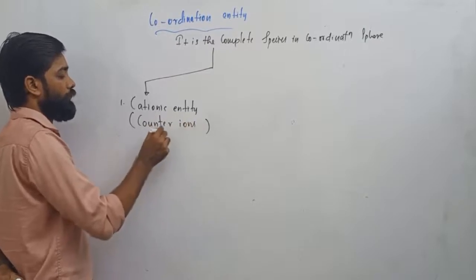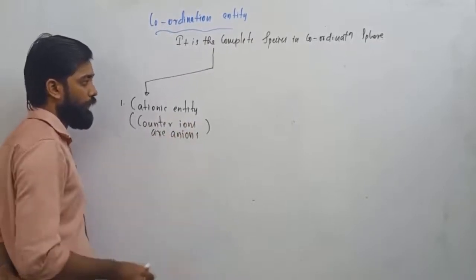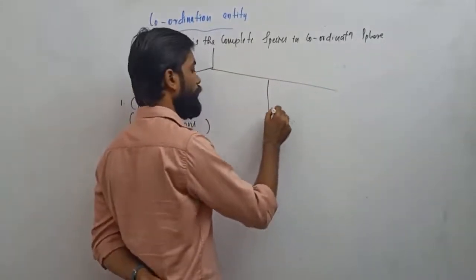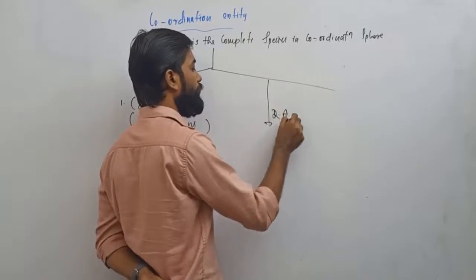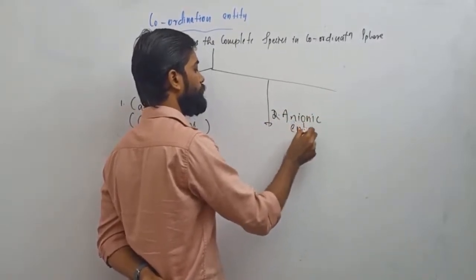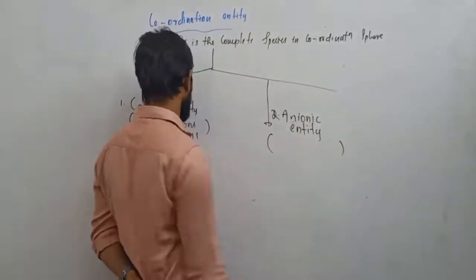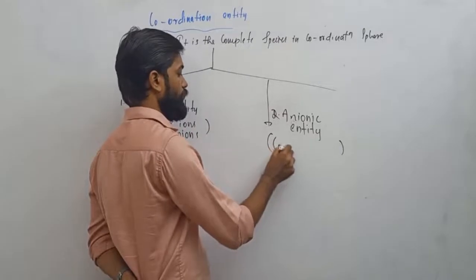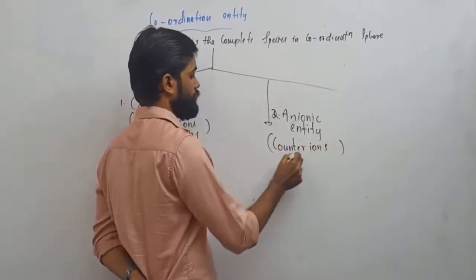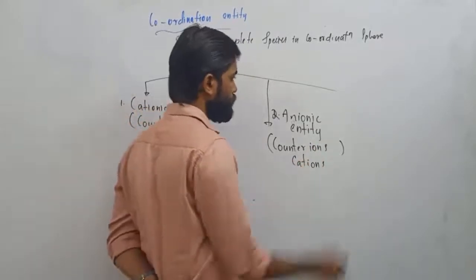Counterions will be anions if you have a cationic entity. If you have an anionic entity, your counterions will be cations.